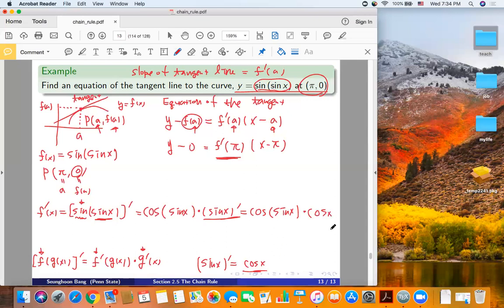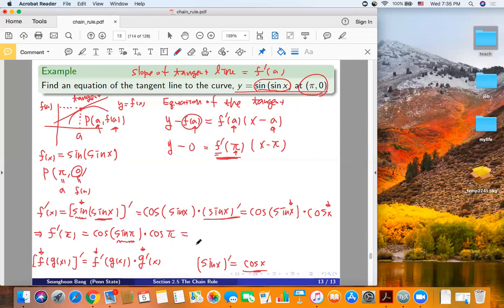Next, plug pi into f prime. You can calculate f prime of pi: cosine of sine of pi times cosine of pi. Do you know sine of pi?